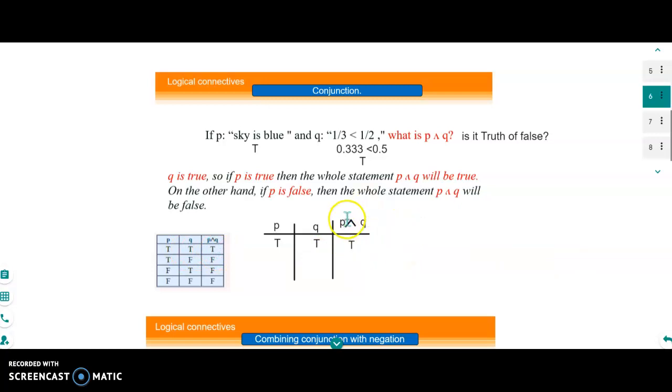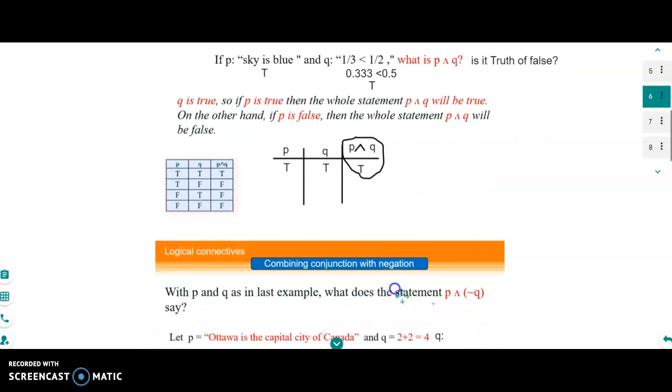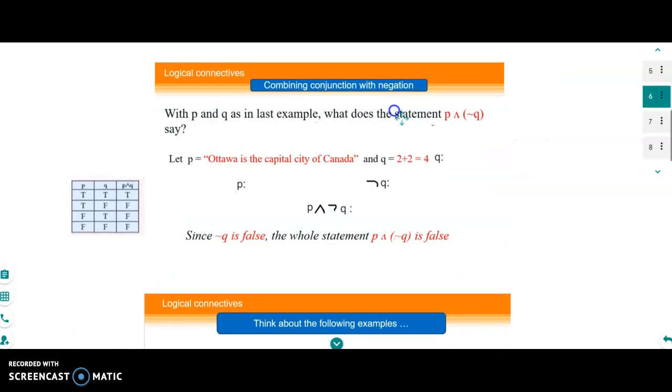P and Q is true. This is our final answer. So always remember the steps. We find the truth values of the propositions, then we use the table to realize if the final answer will be true or false.